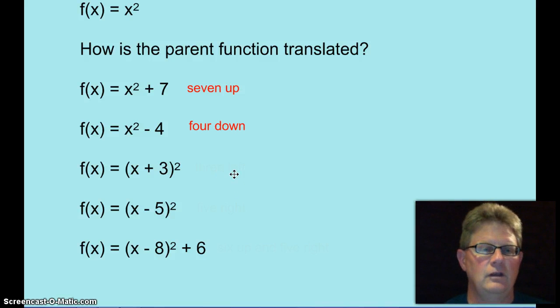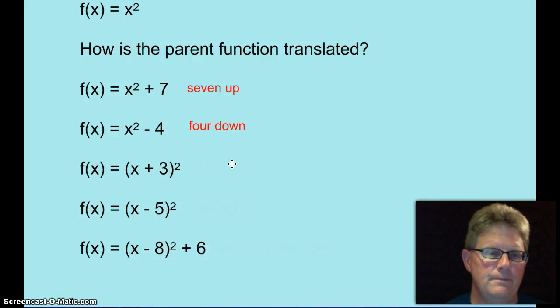How about f of x equals the quantity x plus 3 squared? How will that be translated? Yes, it will be moved 3 to the left. How about f of x equals the quantity x minus 5 quantity squared? How will that be translated? That's right, 5 to the right.